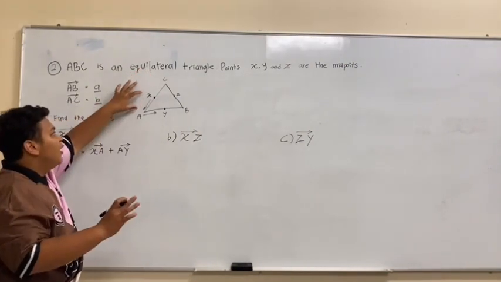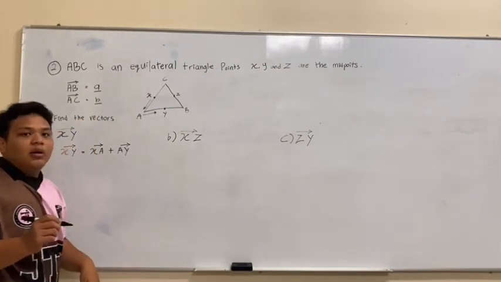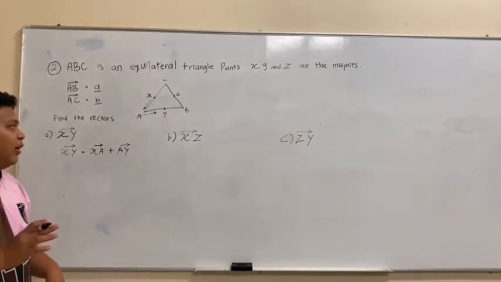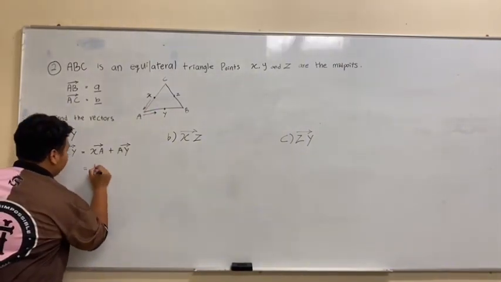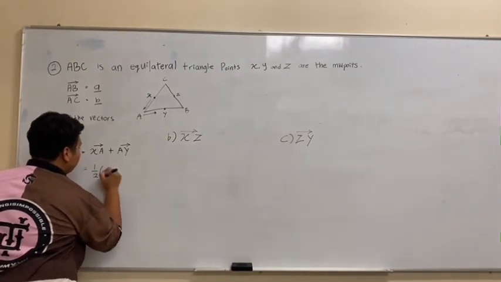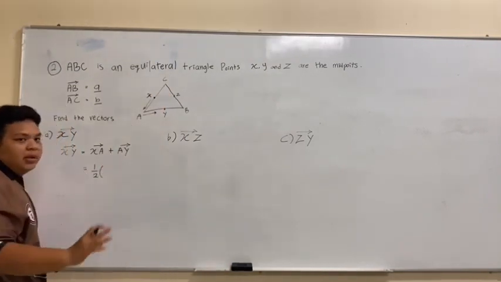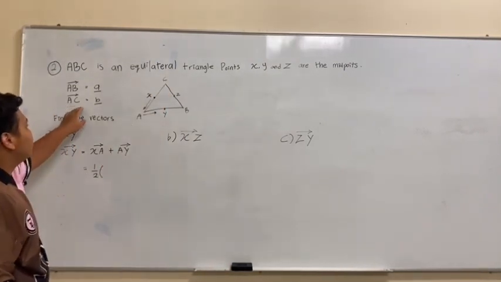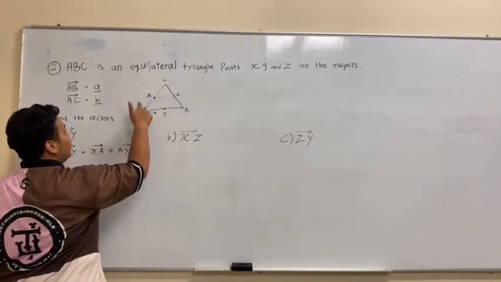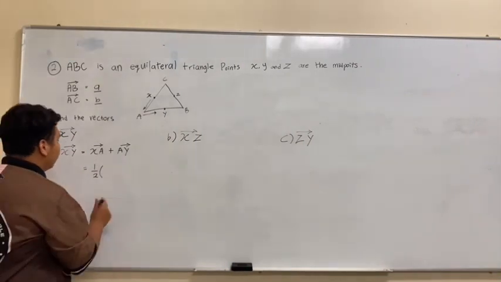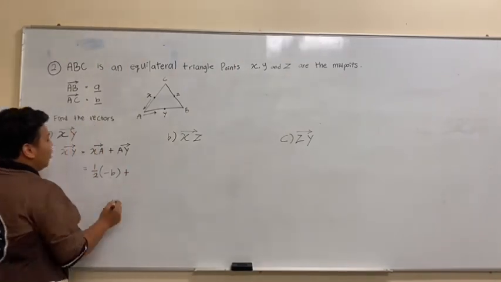When we want to find half of vector AC, we have to find half of the magnitude. So XA is 1 over 2 of CA. But the information given is vector AC is positive b, and this time we use CA, so we reverse the magnitude from b to negative b.